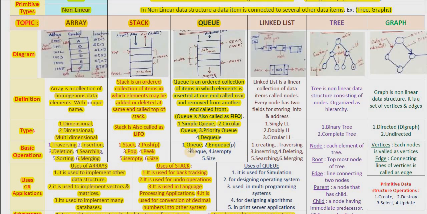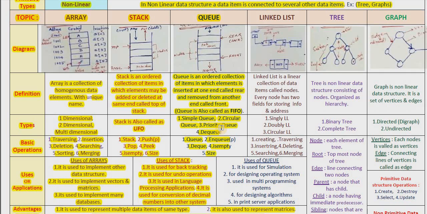Next, DQ. DQ means it will delete or remove the data from the queue. Next is empty. This operation will check whether the queue is empty or not. Then size. Size operation will check the total values in the queue. So this is about basic operations of queue.